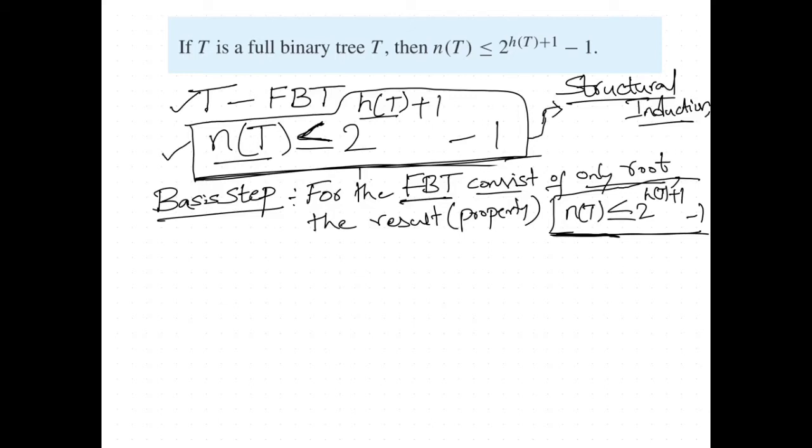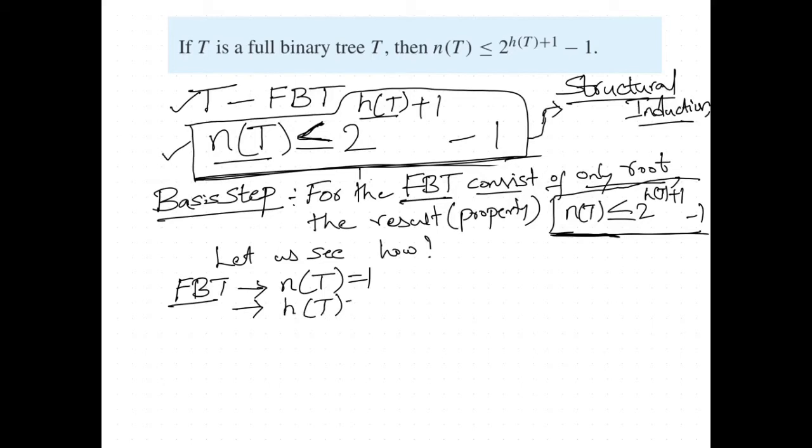How is this inequality going to be satisfied? Let us see. When my full binary tree has only the root, then what is n of t? It is equal to 1. Now the height of my full binary tree is obviously 0.